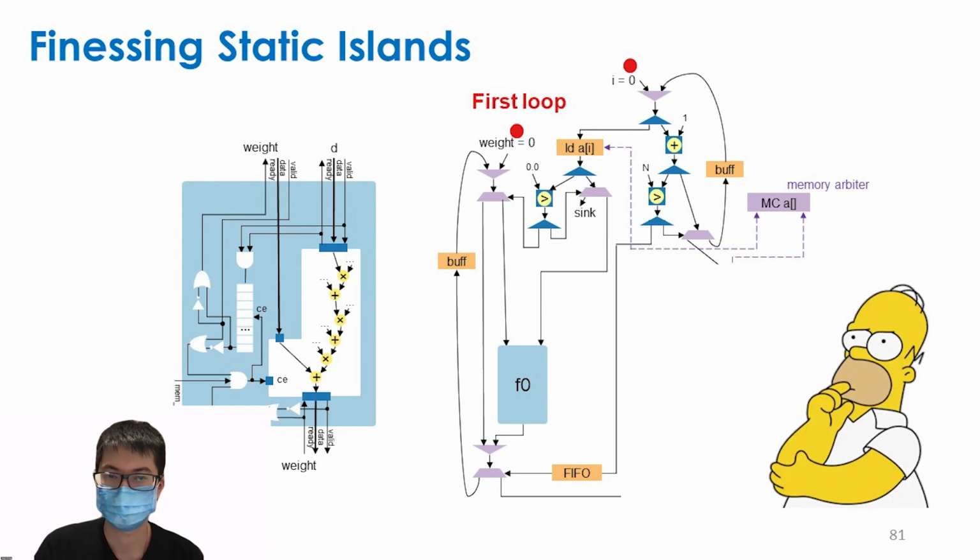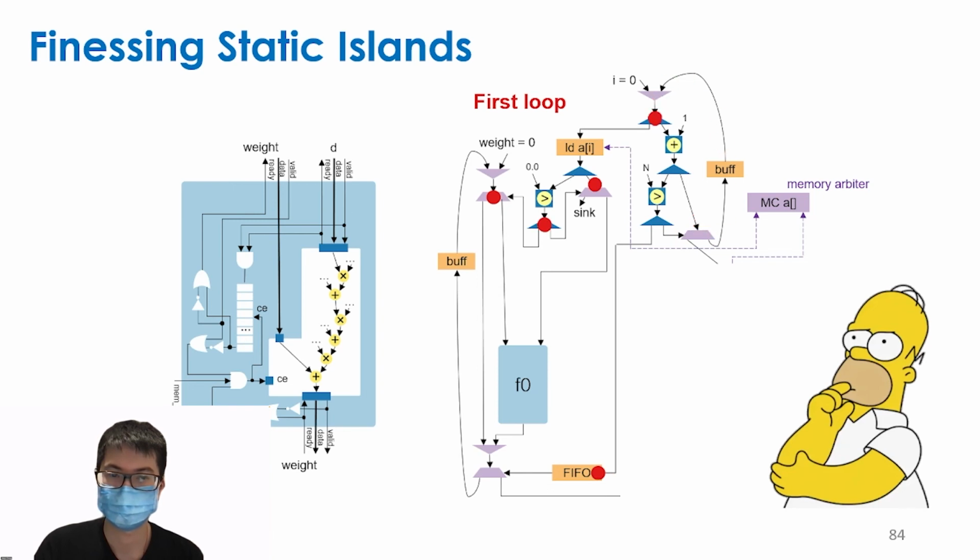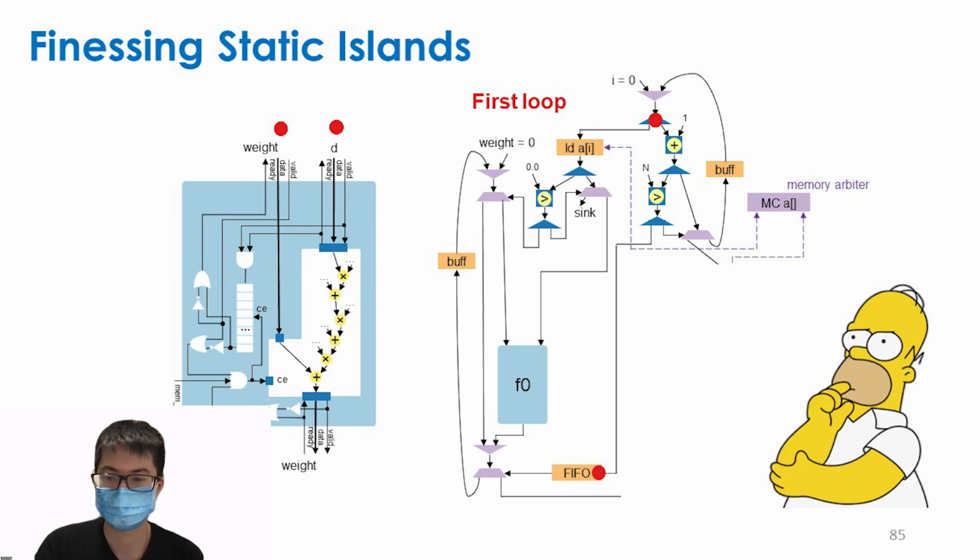The first iteration is quite similar, where both values simultaneously reach the static island. When the static island starts to execute, D is immediately used.